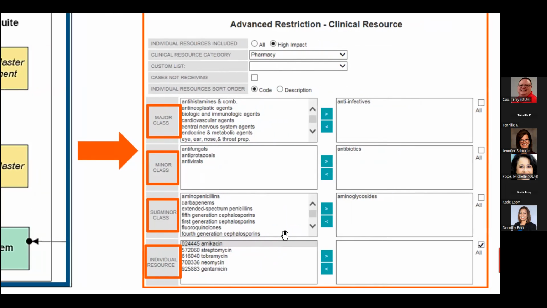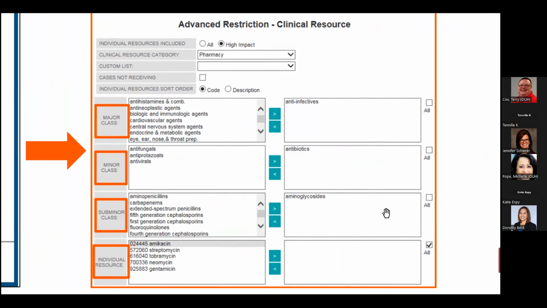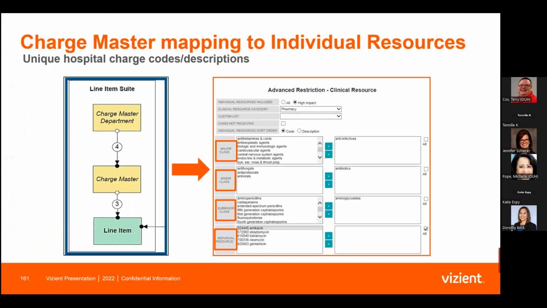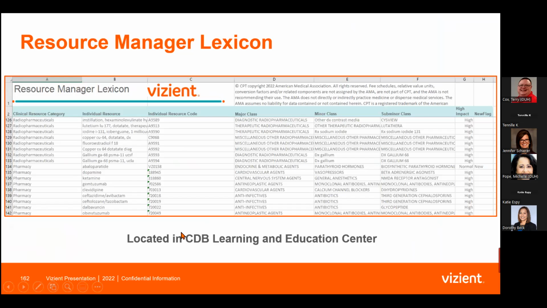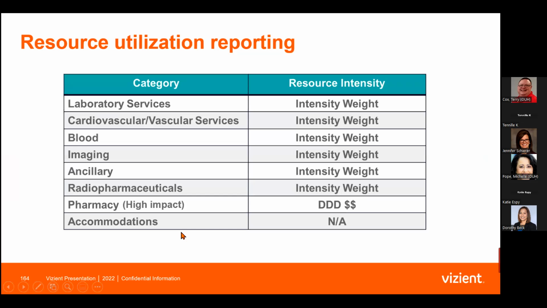And then the unique methodologies to resource manager. What this table is telling you is that the dollar amount you see on our direct cost is not what you see here. We're only doing that for our pharmacy category, the second to last one there. That's the only one with a dollar amount. But we're using the defined daily dose from the World Health Organization for their ambulatory payment classification weights.